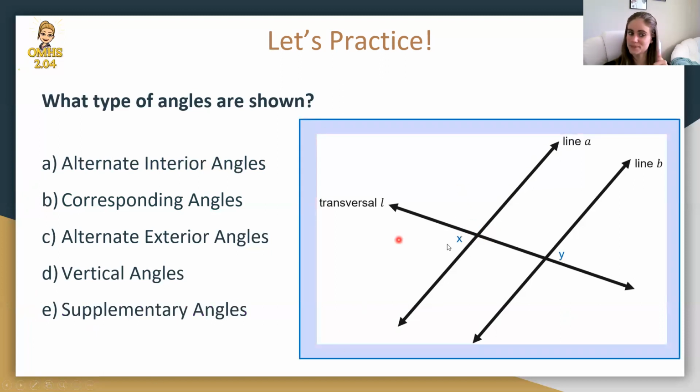Next problem. We have X over here and Y here. What kind of angles are these? Are they inside, outside, same side, opposite of each other, or make a straight line?